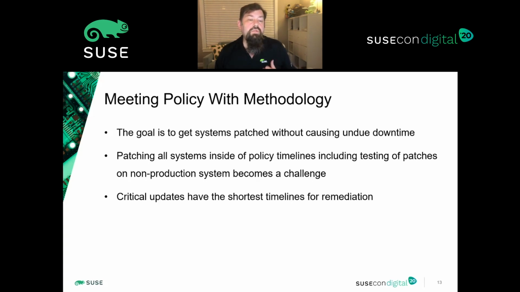And critical updates will always have the shortest timelines, especially zero-day vulnerabilities where things can get compromised by these security vulnerabilities. So how do we meet those two together, where we can use the methodology and the tools available to us to deploy quickly and easily?